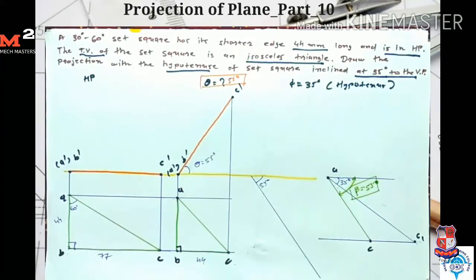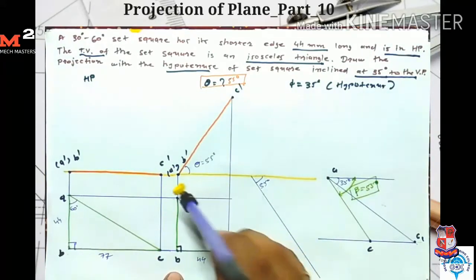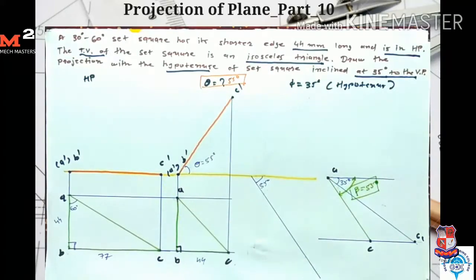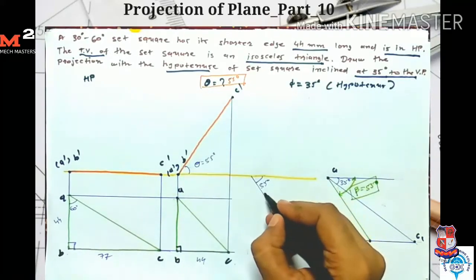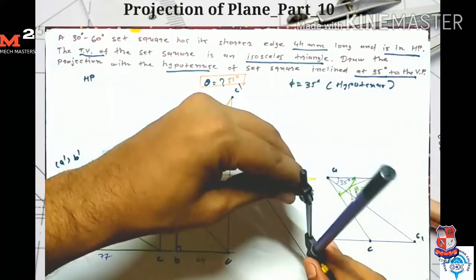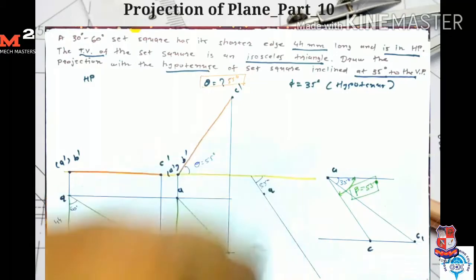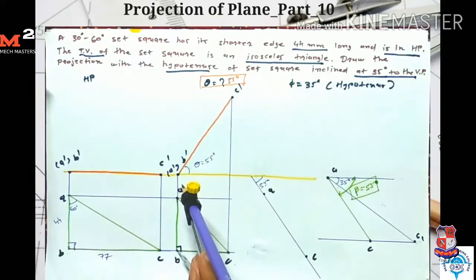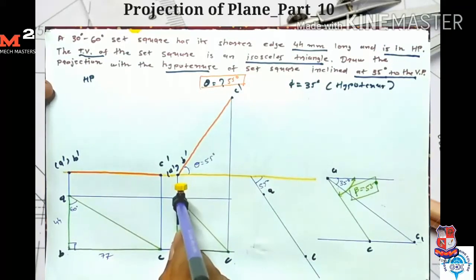Now I take AC as a radius. I mark point A here. Taking A as a center and AC as a radius, I draw one arc here. So here I get my point C. Now I take AB as a radius, this length is 44 mm.